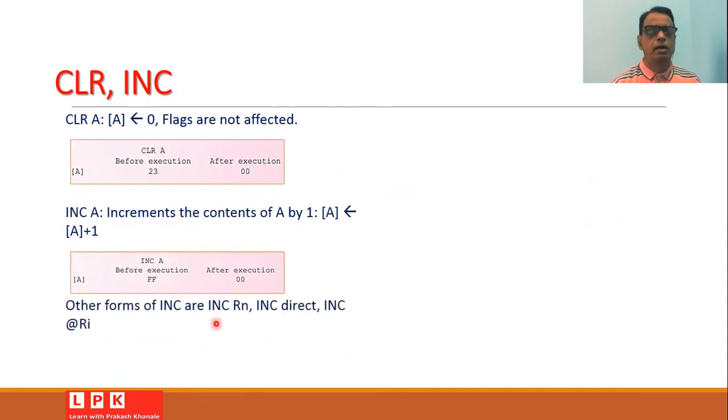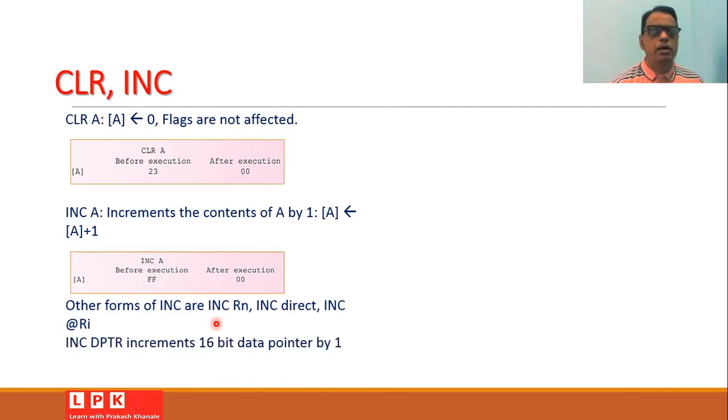Other forms of the increment are INC Rn, INC direct, and INC @Ri. So there are different ways by which you can increment the content of the register, the content of the direct memory location, or the content of the memory location that is pointed to by Ri.